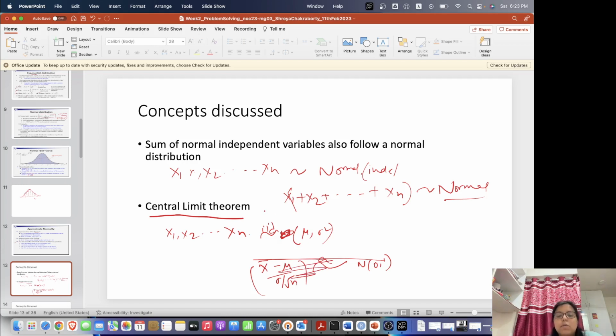So in essence, if I have a large number of random variables, then as n increases, the limiting distribution of the sample mean will be close to a normal distribution. So this was also touched upon.